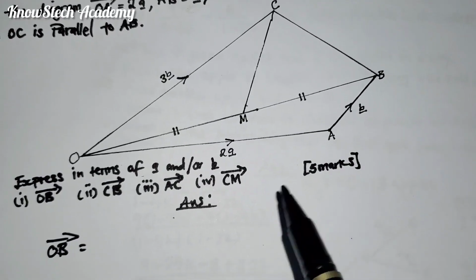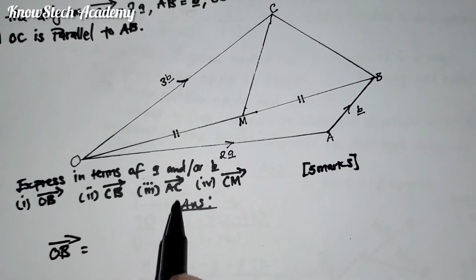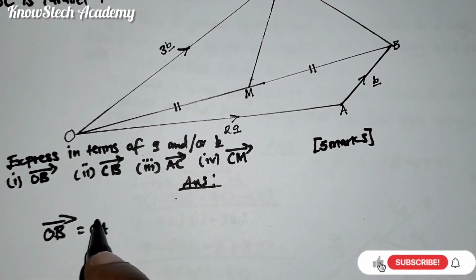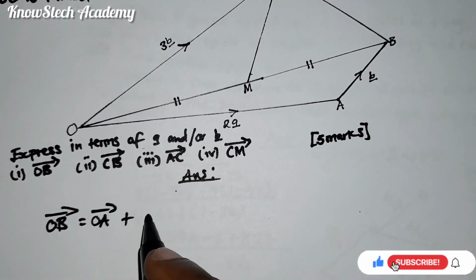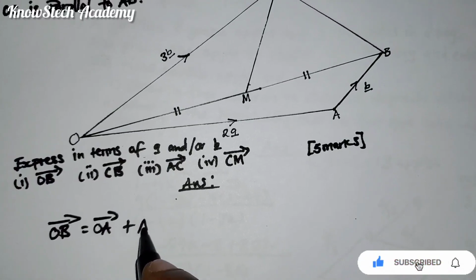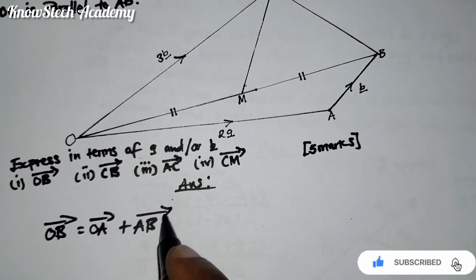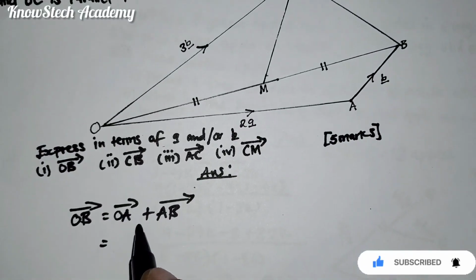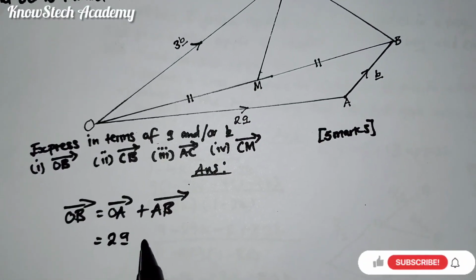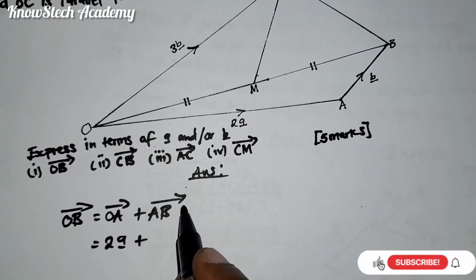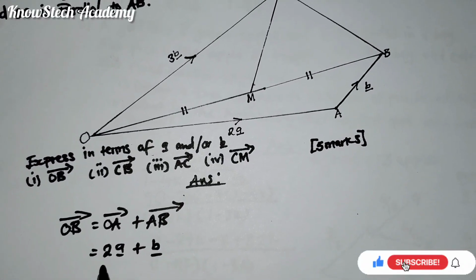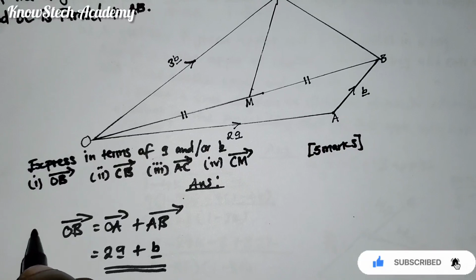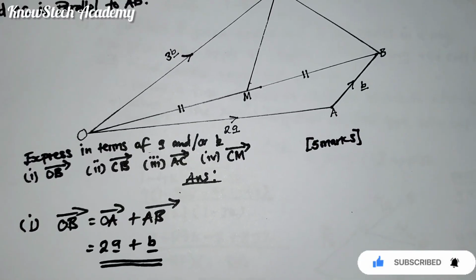So OB is vector OA plus vector AB. Vector OA is 2 vector A plus AB is vector B, and this is the answer to the first question.